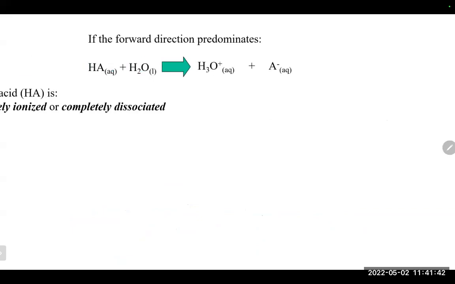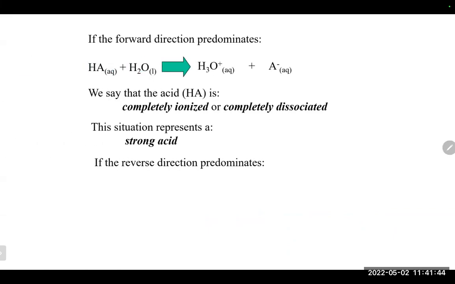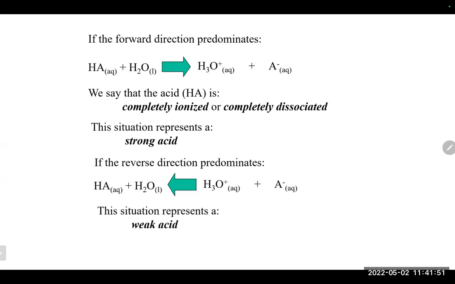Now, if the forward reaction predominates, we do have a strong acid situation, and it will 100% completely ionize. A reminder of some strong acids, which I think I put on the board in an earlier chapter.